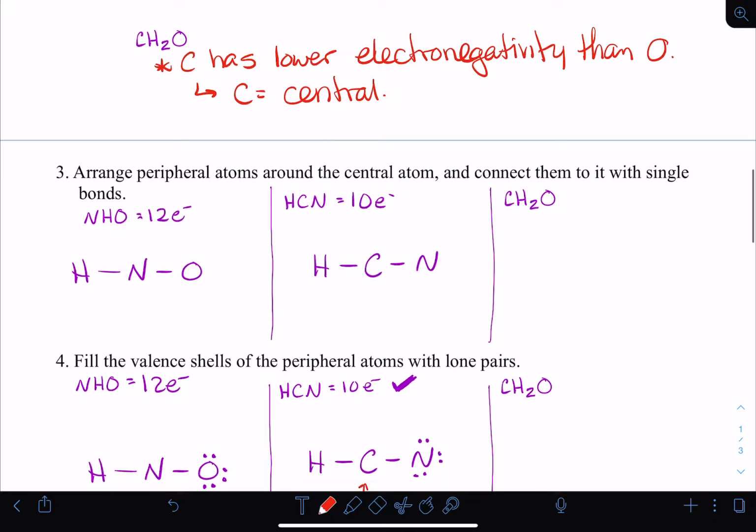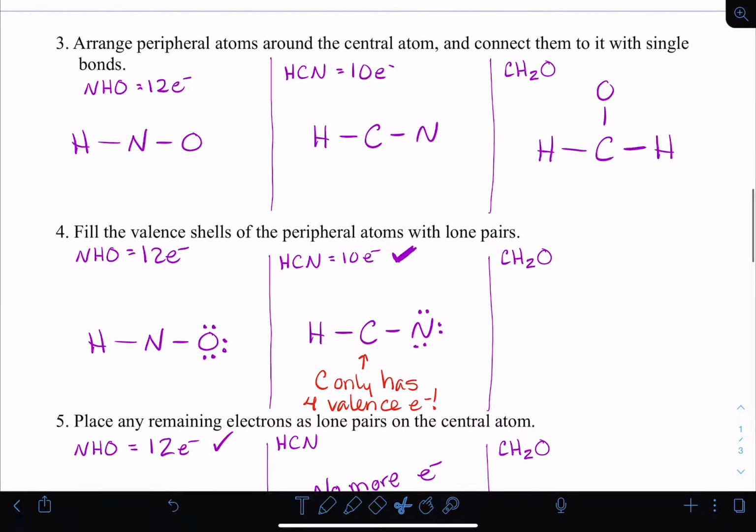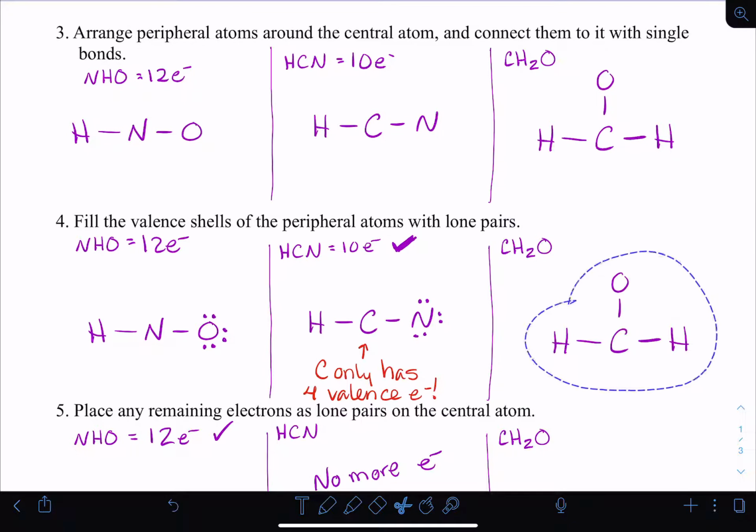So arranging our atoms around the peripheral, we will have carbon in the middle, 2 hydrogens and an oxygen arranged around it. Again, the exact placement doesn't matter. So thus far, we have placed 6 electrons and we're looking for a total of 12.